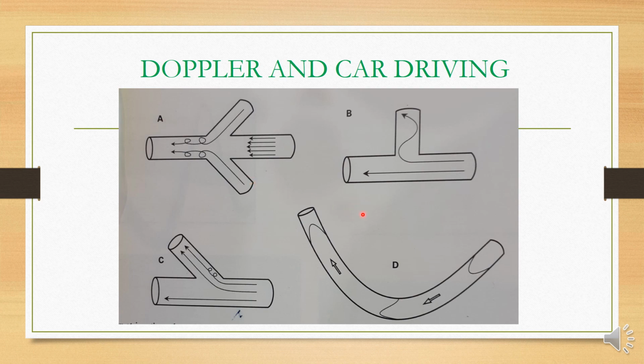And when you drive the car, you need a steering at the turnings. Similarly, we use steering when the blood flow direction is changing, when you are doing color flow imaging. Similarly, in car driving, when you need to drive at a higher speed, we need a third or fourth gear for a velocity around 70-80 km per hour.